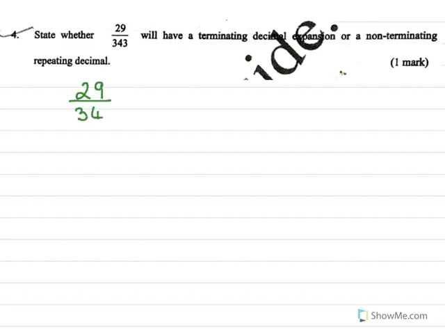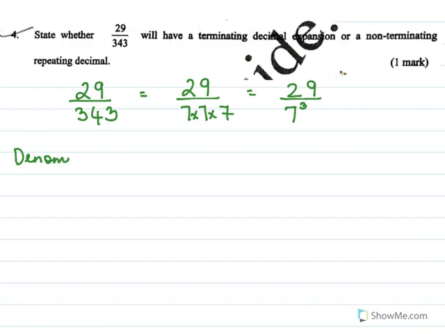State whether 29 over 343 is terminating or non-terminating. We have to prime factorize the denominator. So 343 is 7 into 7 into 7. So 29 over 7 raised to 3. Thus the denominator is not in the form of 2 raised to m, 5 raised to n.